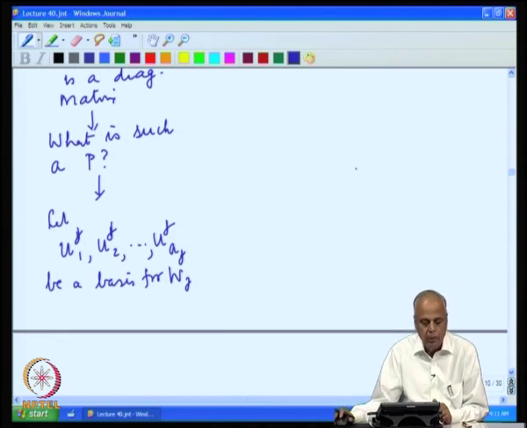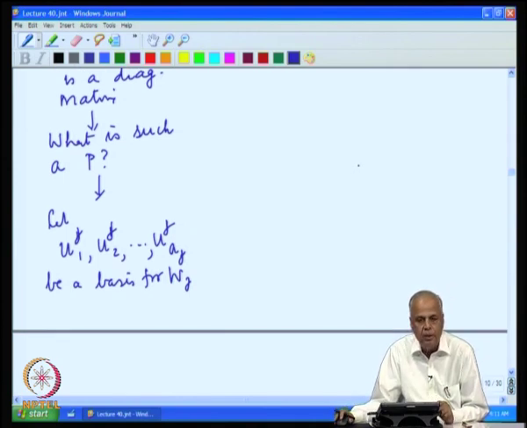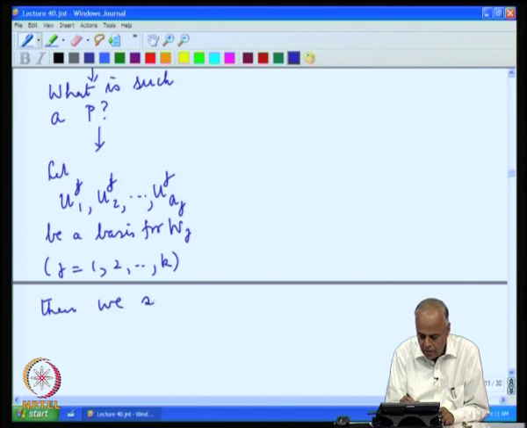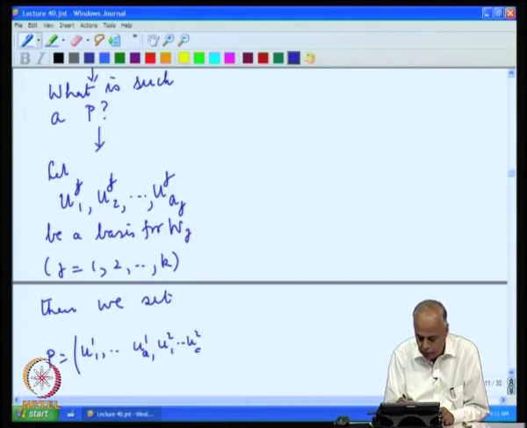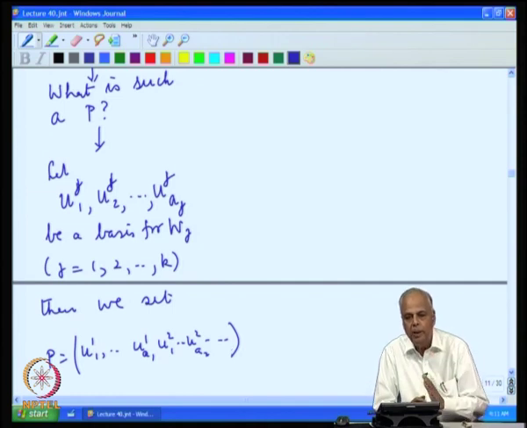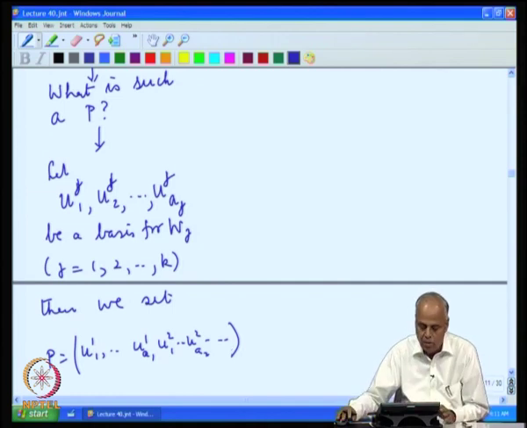Now we do this for each j, and then we set P equal to the matrix whose first column is u11, and so on up to u1a1, then u21 through u2a2, etc. In other words, P is obtained by putting these basis vectors along the columns.